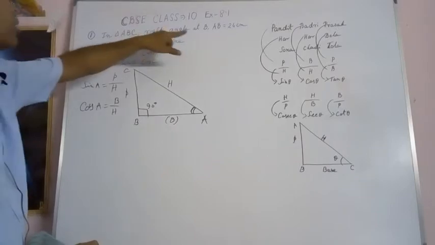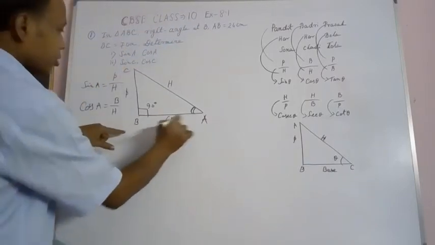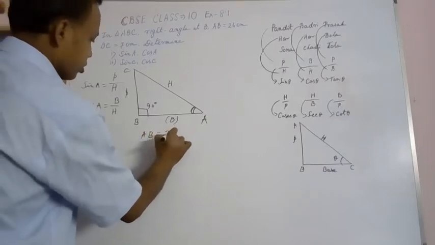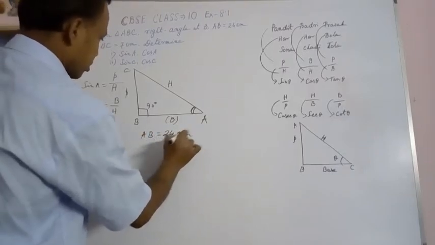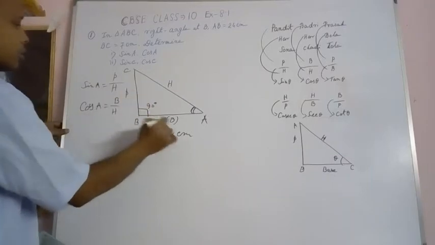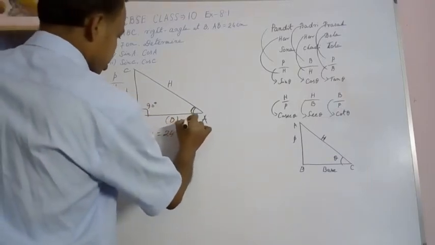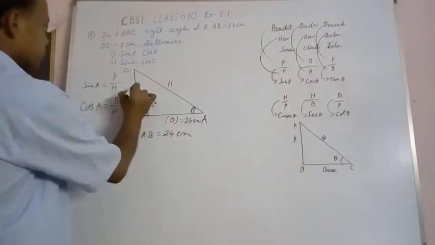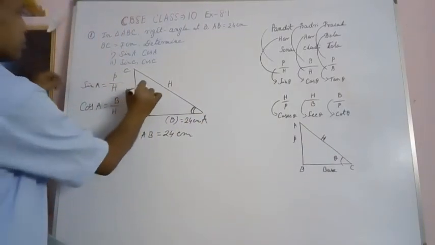Here given AB is equal to 24 centimeter. That is base is equal to 24 centimeter, and BC is equal to 7.